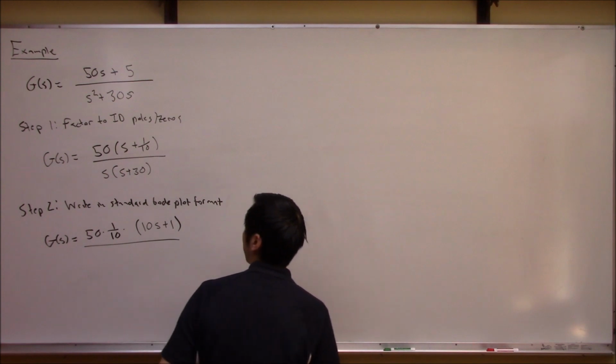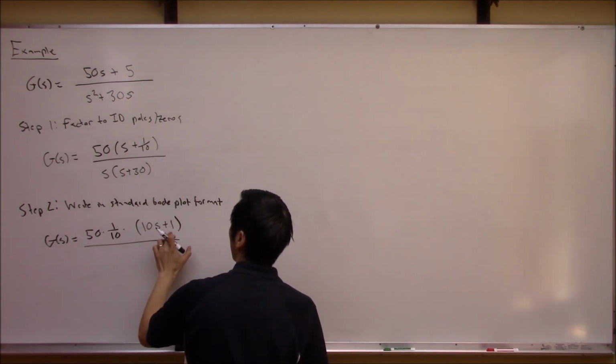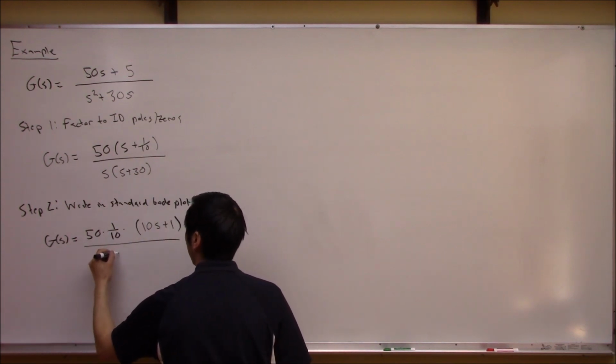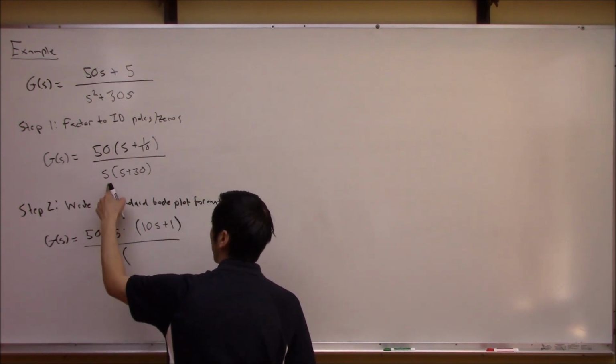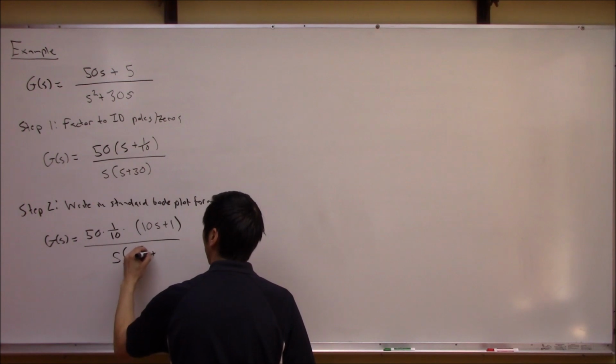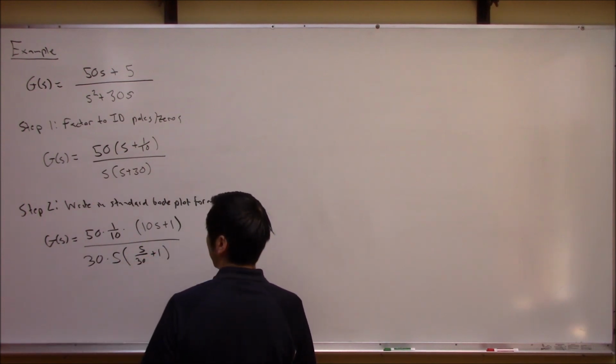Would everyone agree? I haven't messed with the numerator, but I've written it in standard format. Same thing with the denominator. This is s here. I don't have to change this pole at the origin. That's already in standard form, but this is not. I need to write this as s over 30 plus 1, and then pull the 30 out over here.